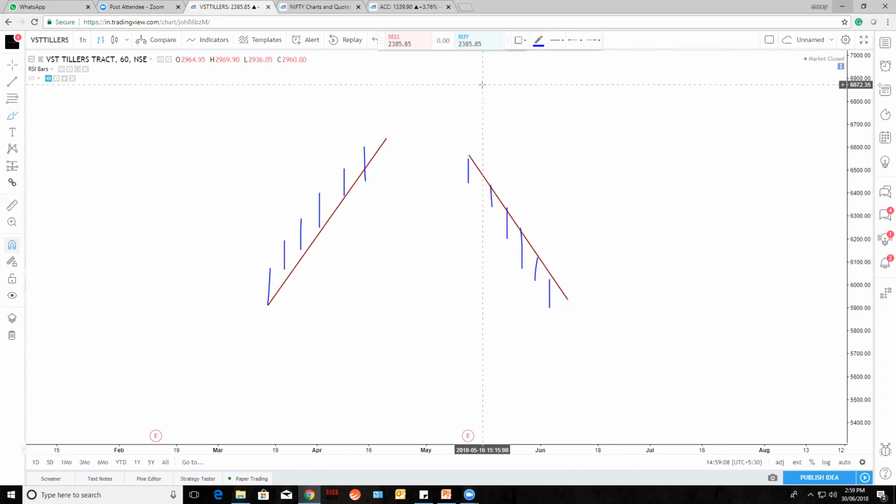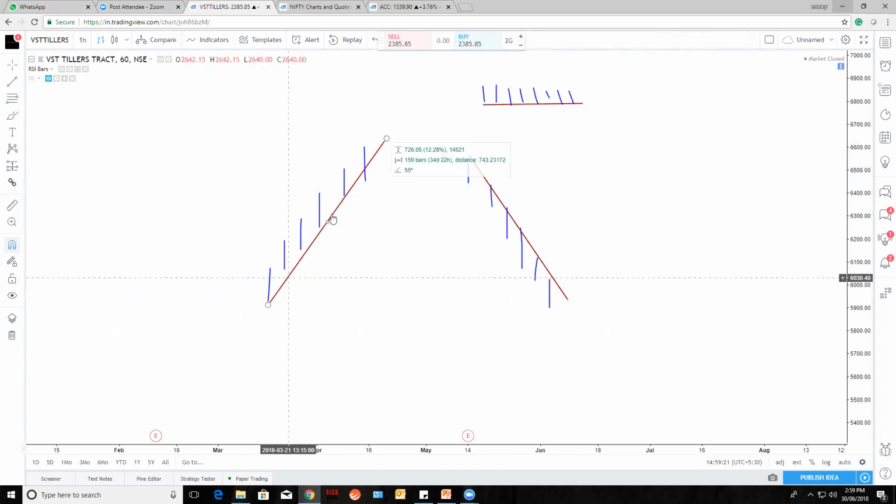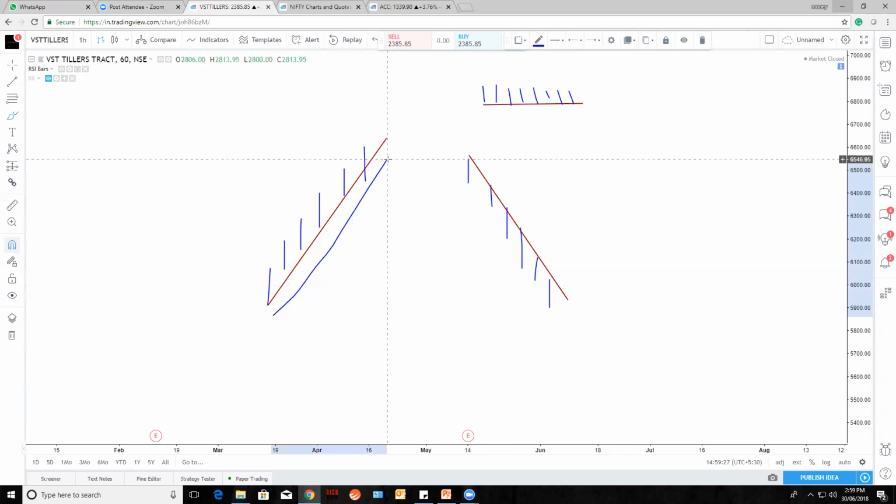Let's say the market is sideways. So this is again a trend line, a horizontal trend line. For an uptrend, you need an upward sloping trend line. For a downtrend, you need a downward sloping trend line.